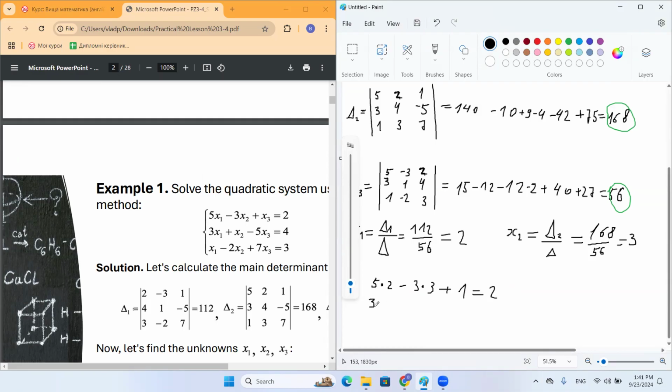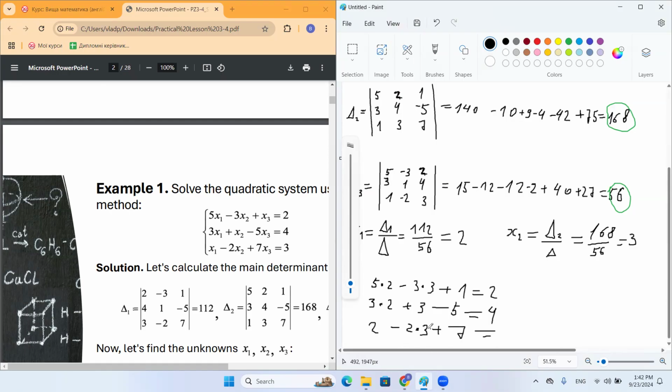So 3 by 2 plus 3 minus 5. So 6 plus 9 minus 5, 4. Correct. And the last one. 2 minus 2 by 3 plus 7.